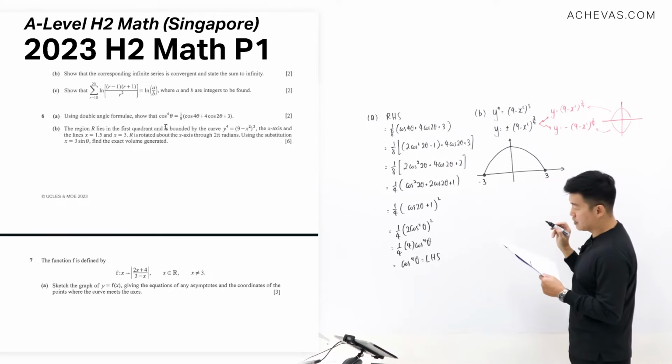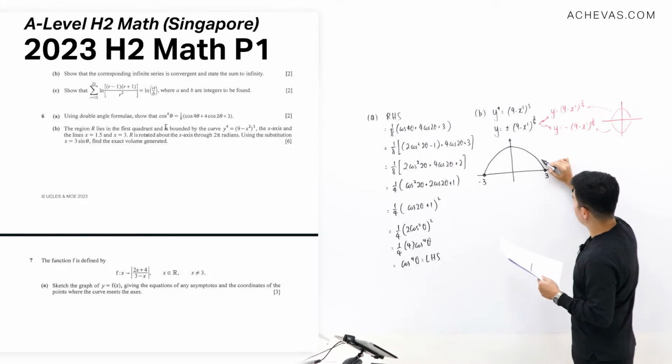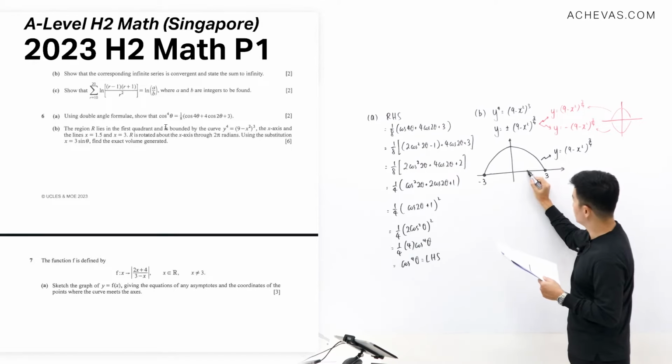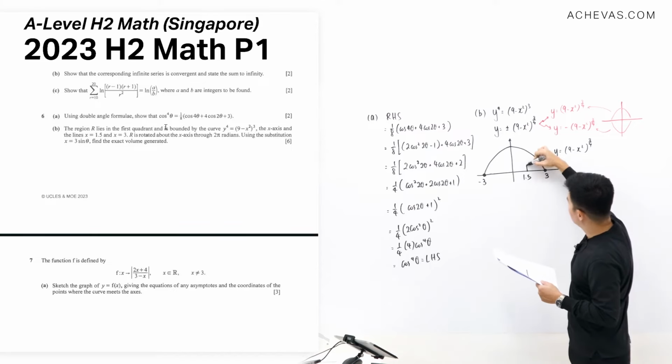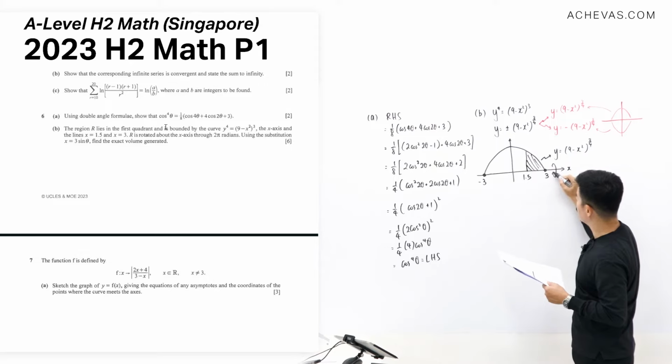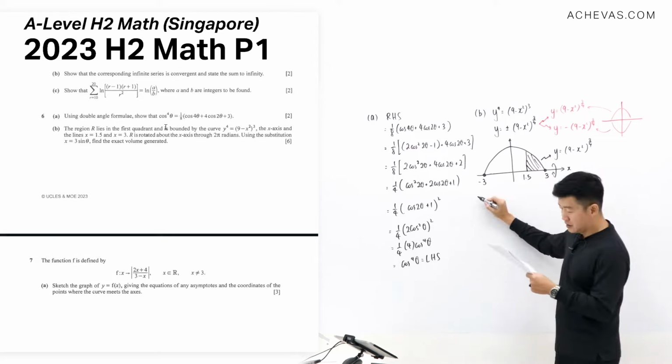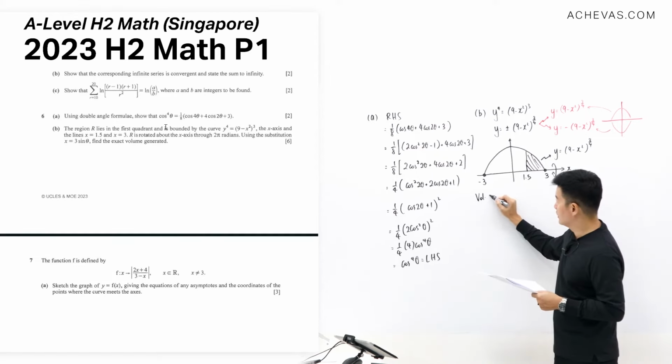So the region that we are talking about is the region that is going to be bounded by this portion of the graph, which is y is equal to positive 9 minus x squared to the power of 3/4 from x is equal to 1.5, half of this, so around here, 1.5, all the way until 3. So we are looking at this region that is going to be rotated by 2 pi radians about the x-axis, which means that the volume that is going to be generated will be us integrating from 1.5 all the way until 3.